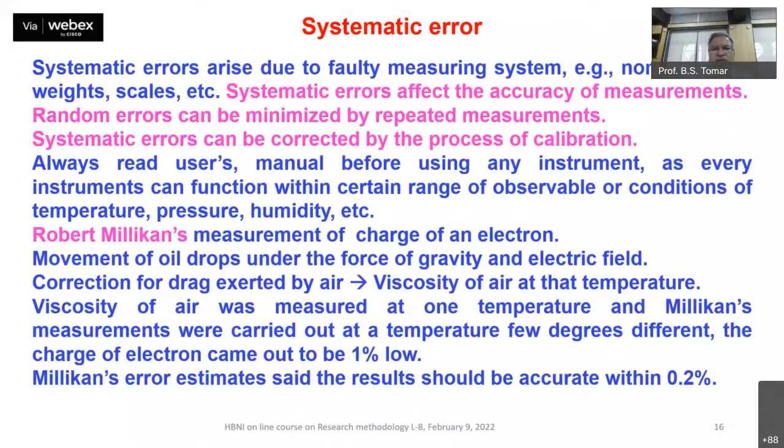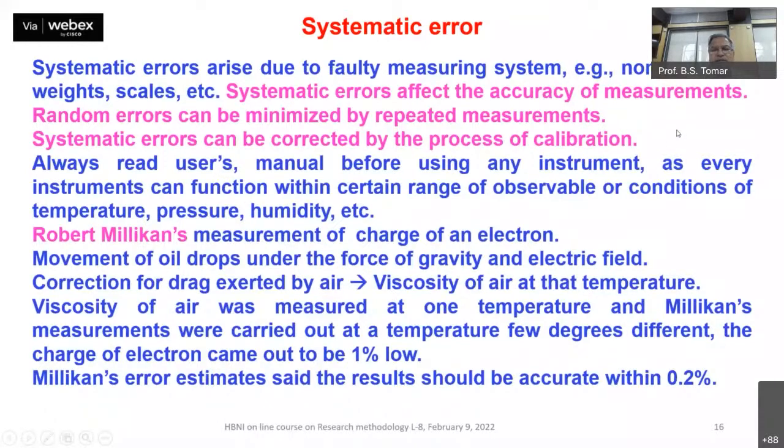Systematic errors affect the accuracy of measurements, whereas random errors affect the precision of the measurements. While random errors can be minimized by repeated measurements, systematic errors cannot be minimized by repeated measurements. Instead, you have to do calibration.